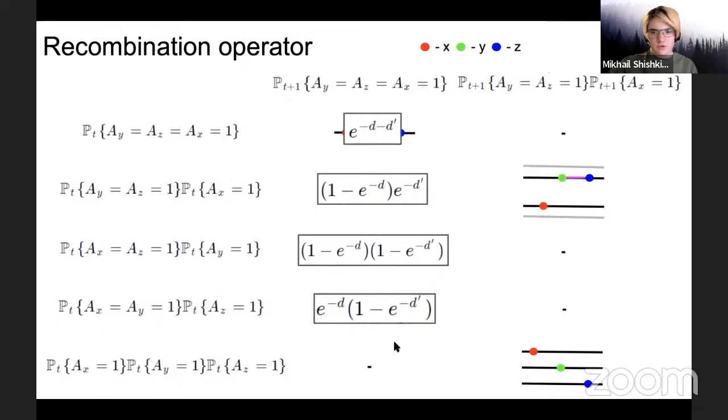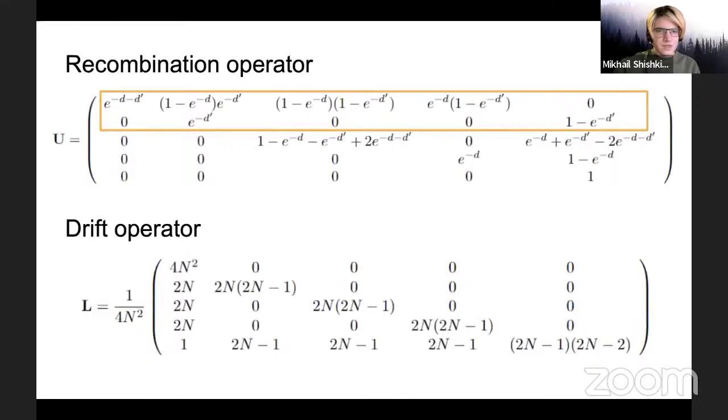So that's why there is no value. And when we have 2 chromosomes and we want to get 2 chromosomes, in this case we don't want any recombination between Y and Z, and the probability for this event is e to the power minus d prime. And the same here, when we have 3 chromosomes, we just want one recombination here.